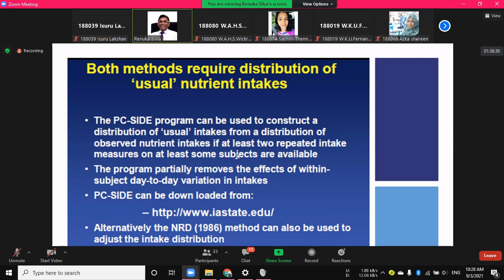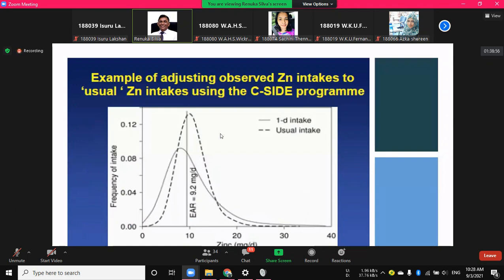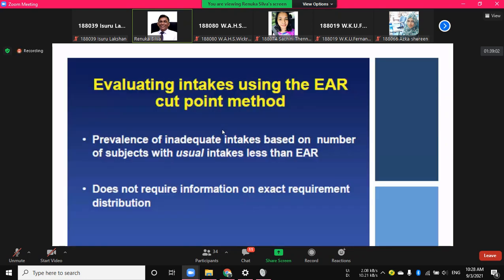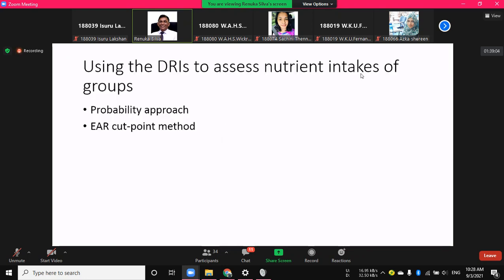So then we can tell the health ministry, country, the nutritionist, this much of nutrient inadequacy has been reported among children or the adults or elderly. So the probability approach and the EAR cut point method are the two methods that we have to use to decide the nutrient adequacy.